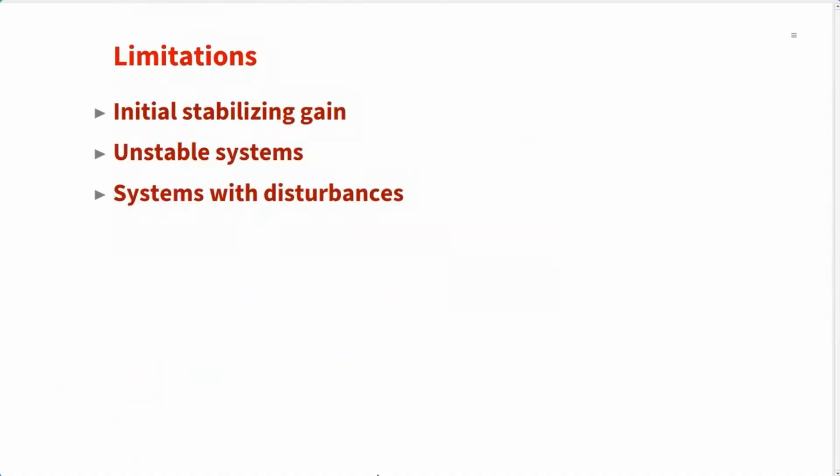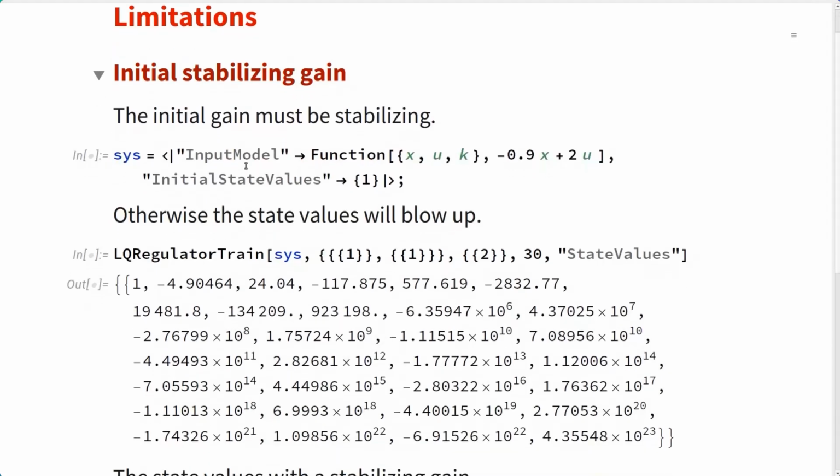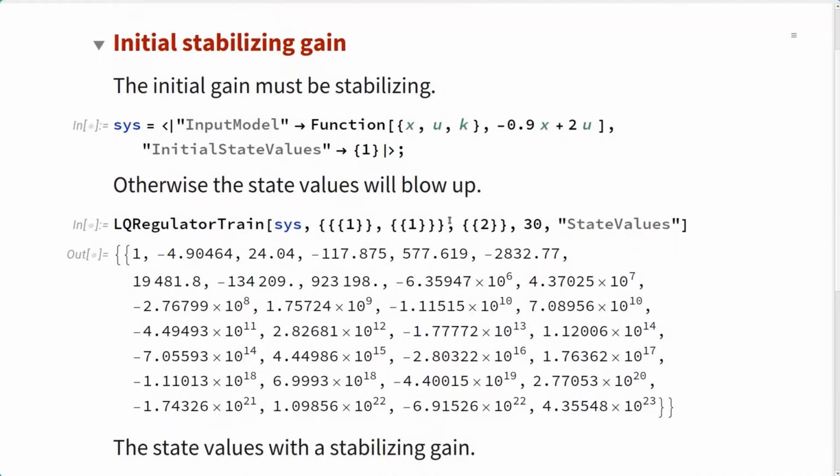All right, so there are some limitations in this approach too. The key one is, let's go with this example. I have a function here, but if I give a gain here of 2, this will cause the system to blow up. Once things blow up, everything just falls apart.